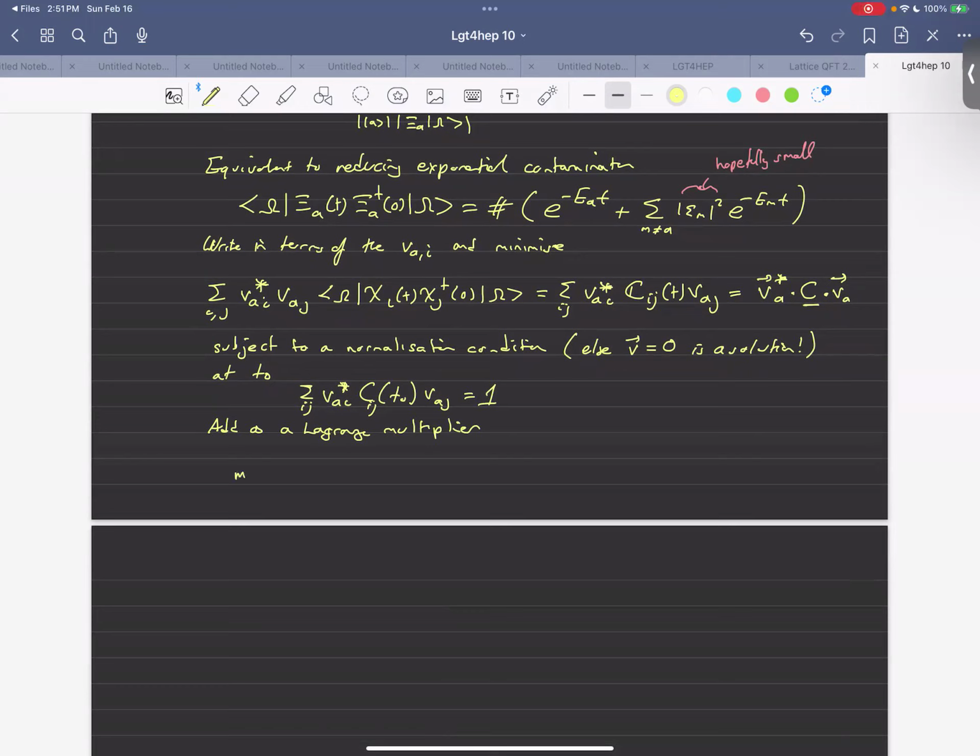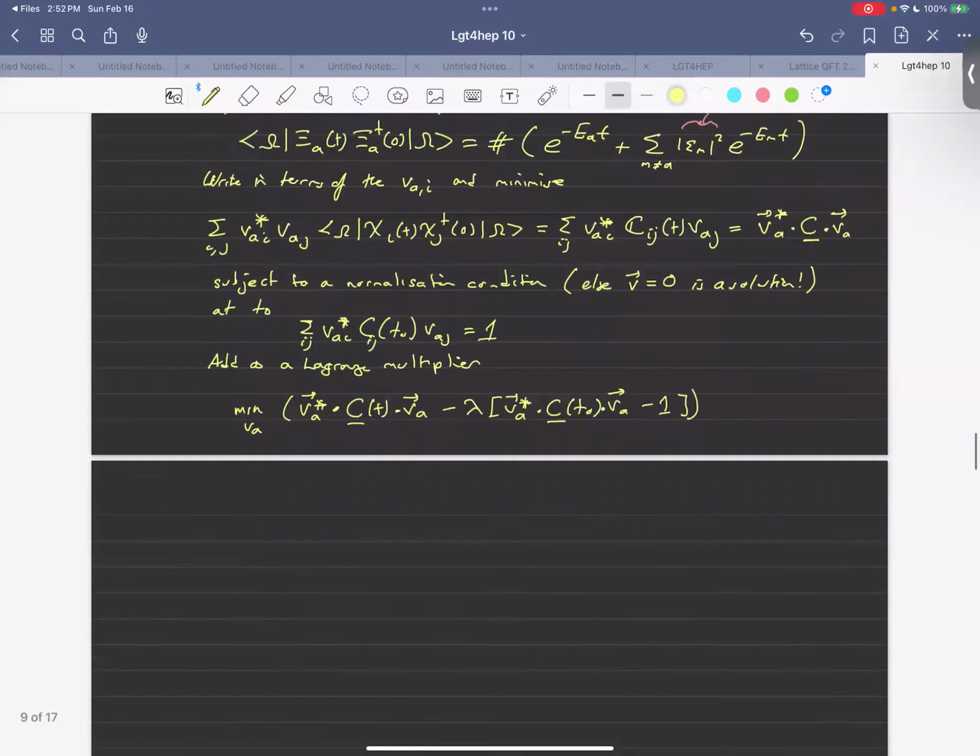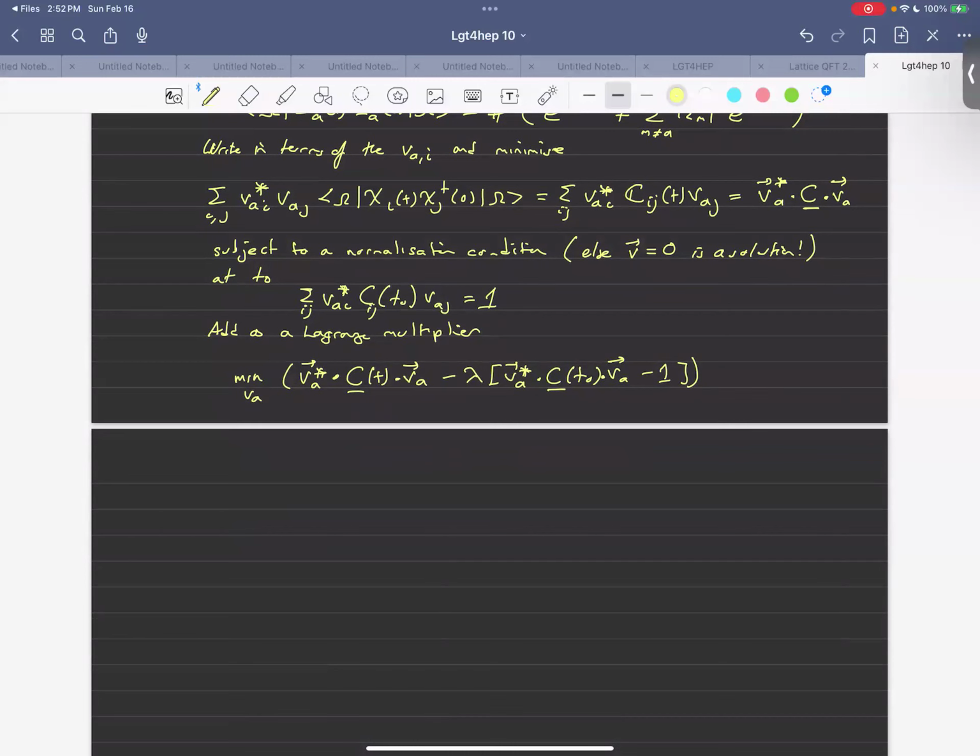And so what we want to really minimize, looking for extrema, we require d/dv_A star of this expression to be 0, and that gives us the following.